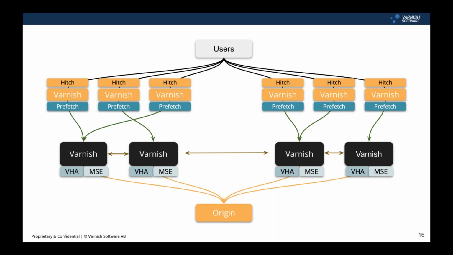Nowadays, when we deliver video, the video is divided into different fragments. So you have fragment 0, and that's where the video starts. Then you have fragment 1, fragment 2, and fragment 3. So if the user requests fragment 0, Varnish is clever enough to understand that if fragment number 1 is not already in cache, it needs to be fetched from the other Varnish layer.